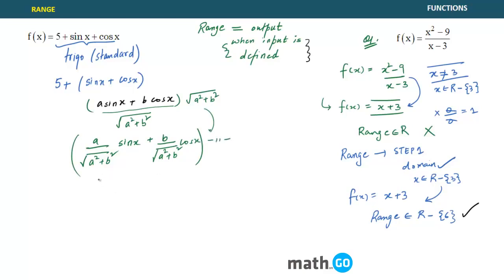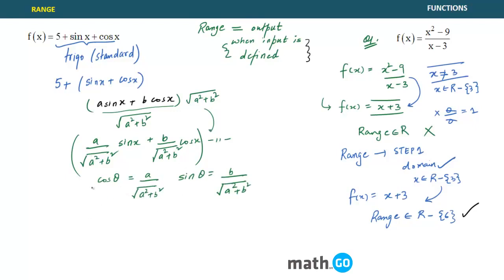So I can take that for some cos theta, this will become a by under root a square plus b square, and similarly for some sin theta, it will become b by under root a square plus b square. You can very easily check, just square and add, you will get 1. That means my assumption is true.